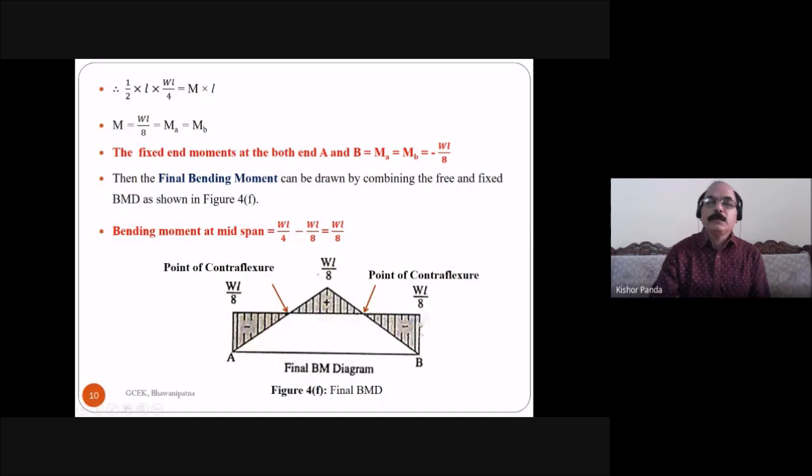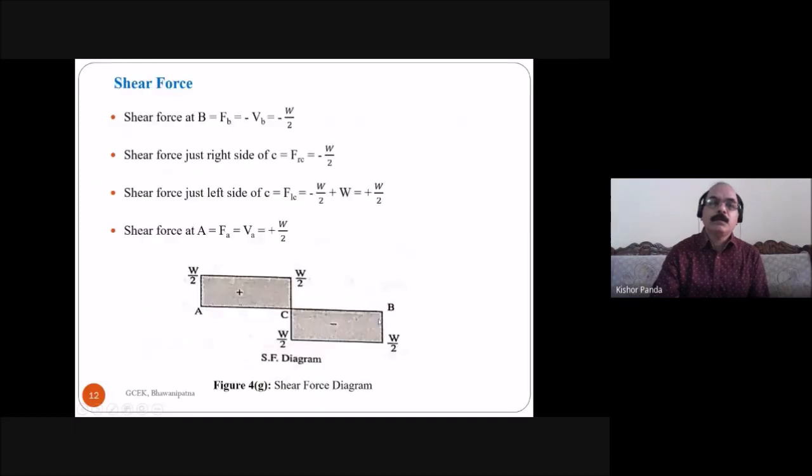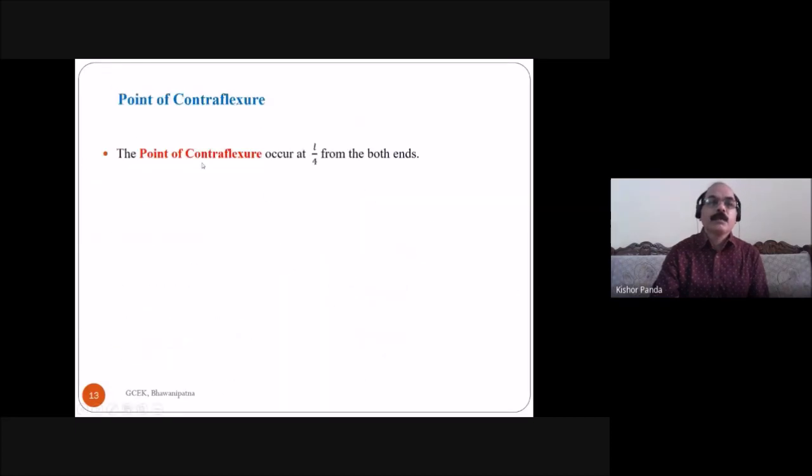So x by WL by 8 is equal to L by 2 minus x by WL by 8. Then after simplifying, you will find the x distance is equal to L by 4. The point of contraflexure occurs at L by 4 from both ends.